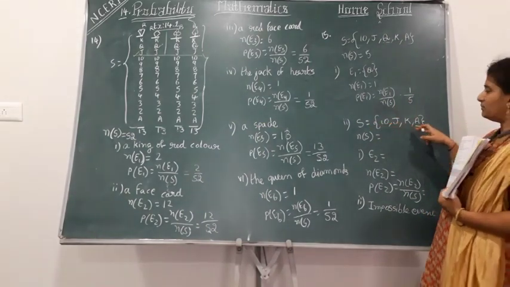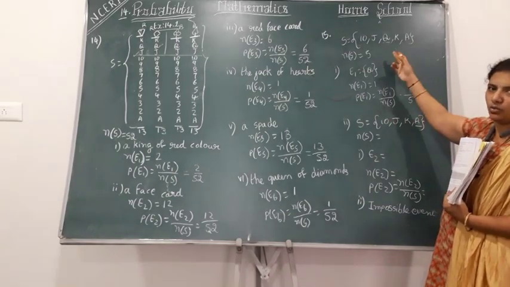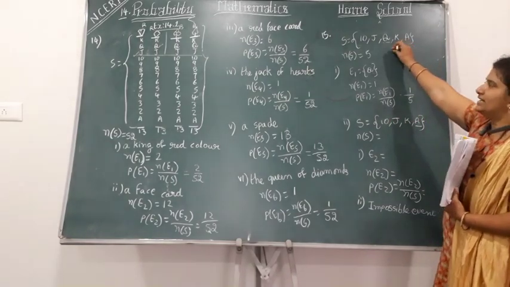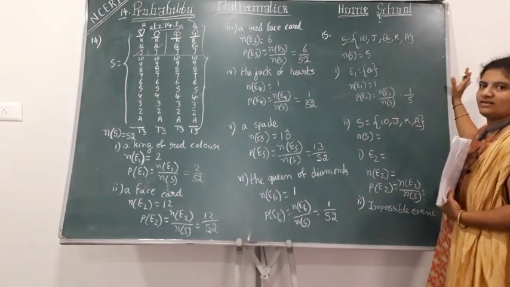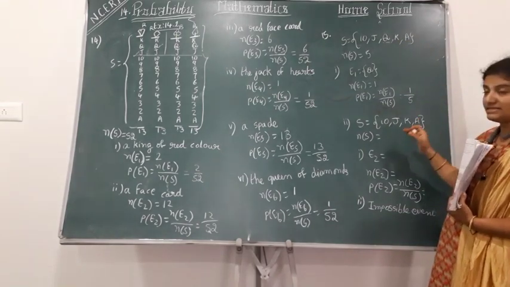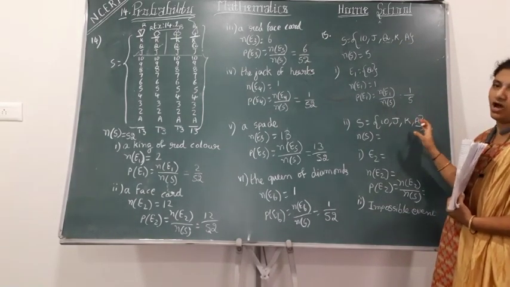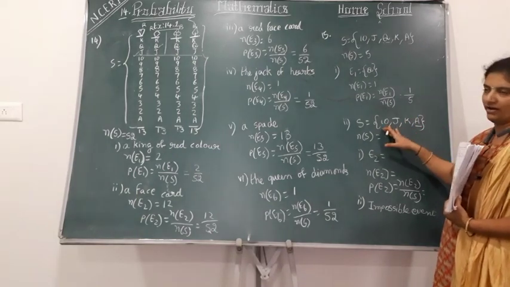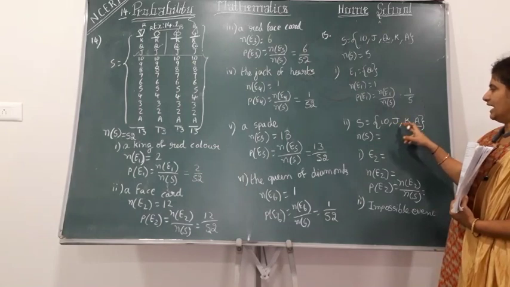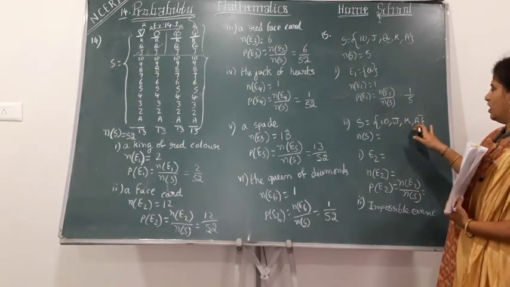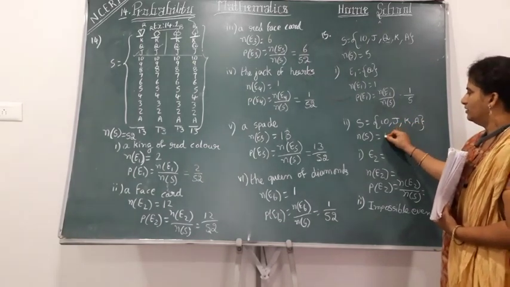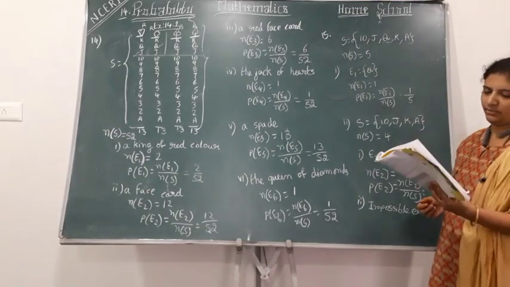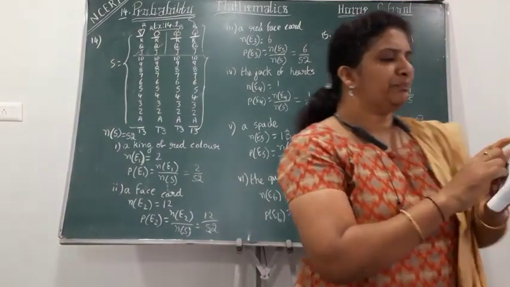I have written the sample space without a Q. In our question, Q is taken and thrown aside, means in my next sub question, Q is not allowed in the sample space. Without Q, you have to write here 10, Jack, King and Ace. So how many cards you have here total? 4 cards.